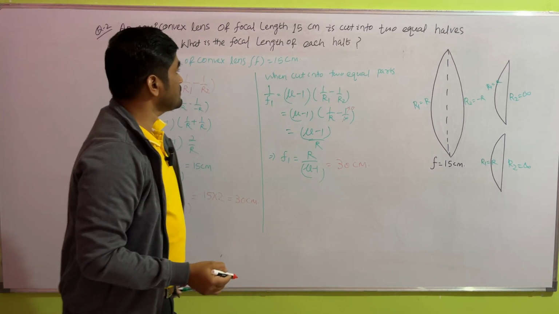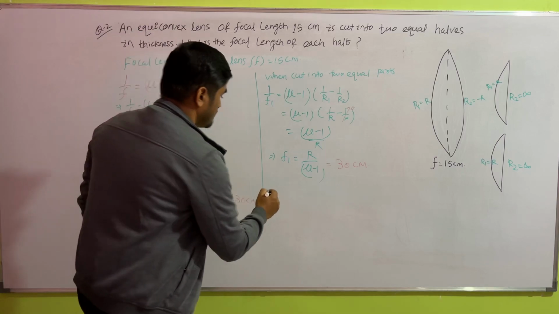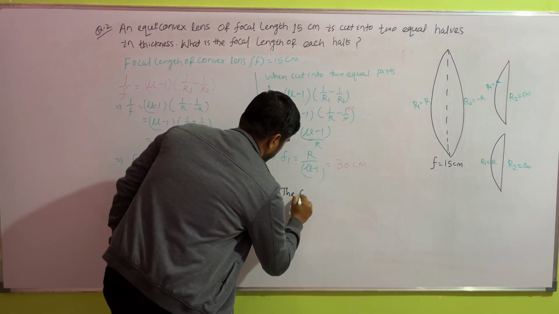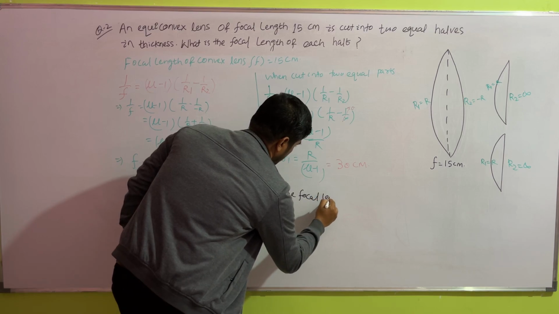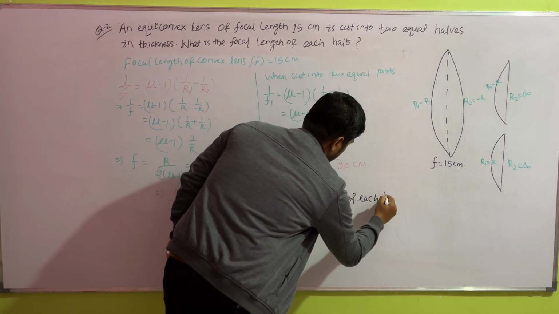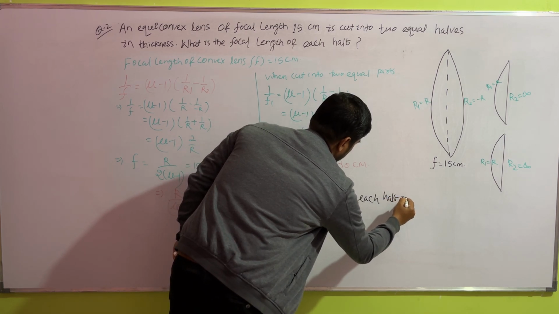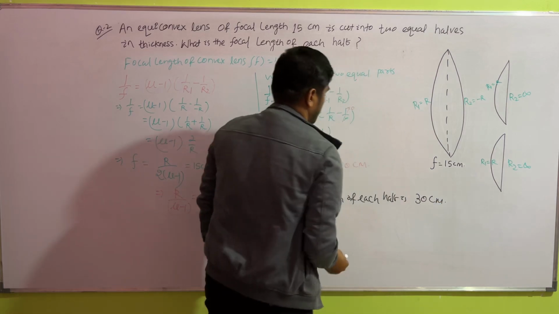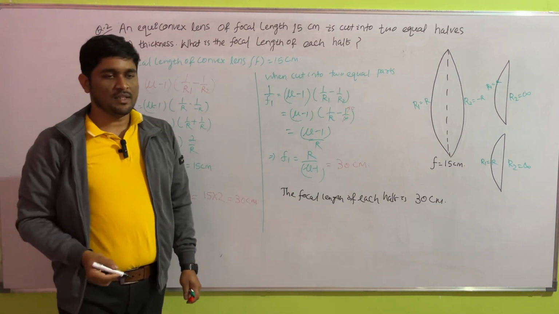This is the answer. The focal length of each half is 30 centimeter. This is the answer.